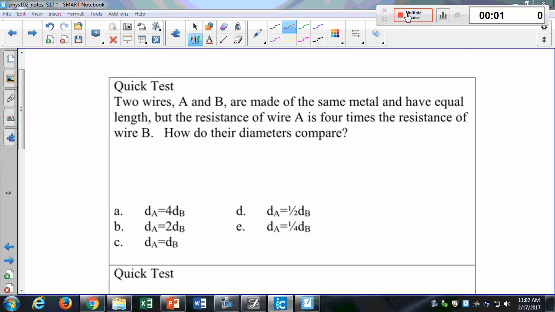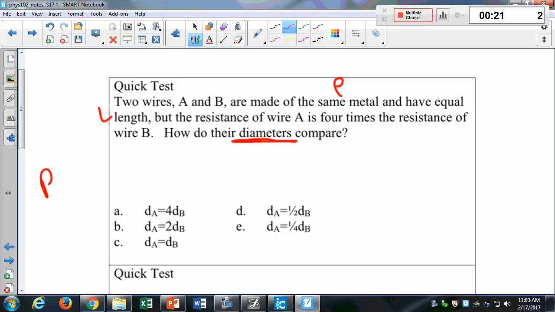I have two wires. They're made of the same metal. Ding, ding, ding, ding. Think resistivity. So they have the same resistivity, and they have equal length. But the resistance of wire A is 4 times the resistance of wire B. How do their diameters compare?